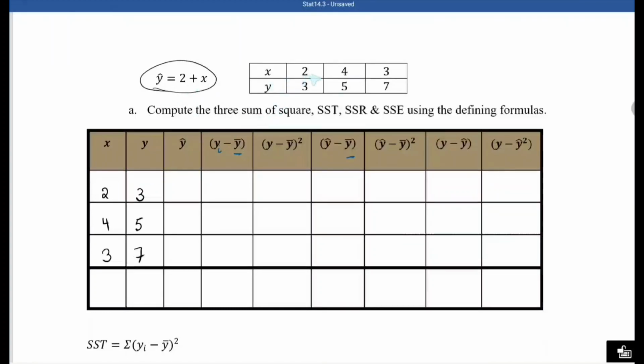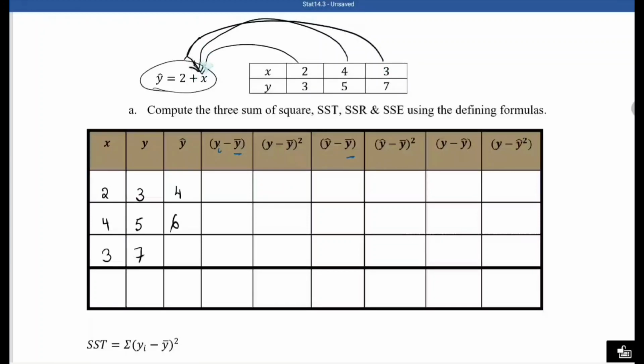You have to plug in the values of x and do the calculation. The first x value is a 2, so 2 plus 2 is 4. Next one, x is a 4, so 4 plus 2 is 6. And then we have 3.